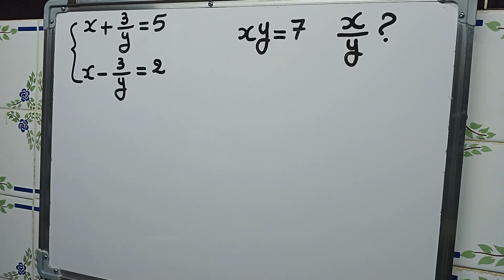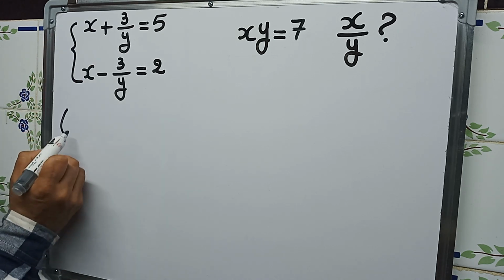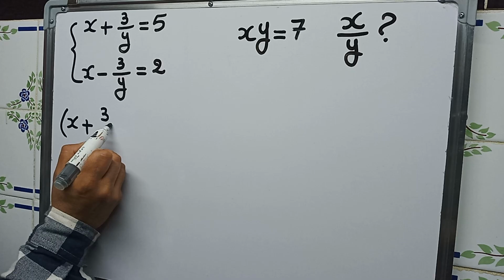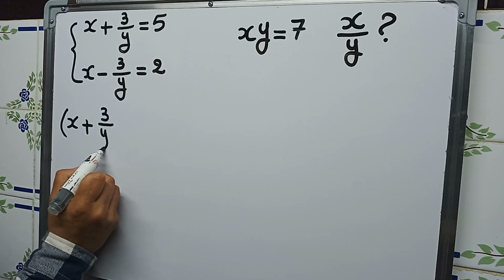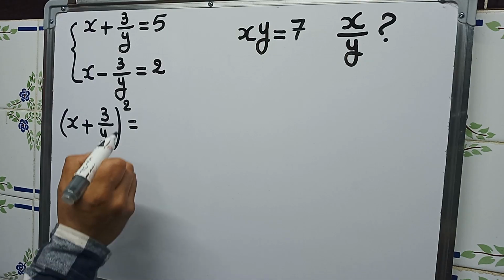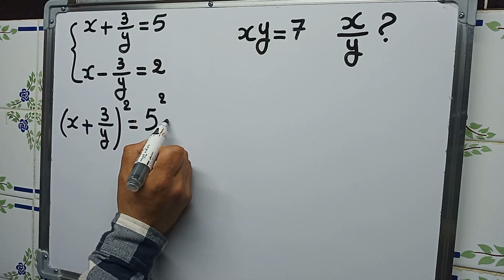For that, we will square our two equations. So for the first one, we will have x plus 3 over y squared is equal to 5 squared.